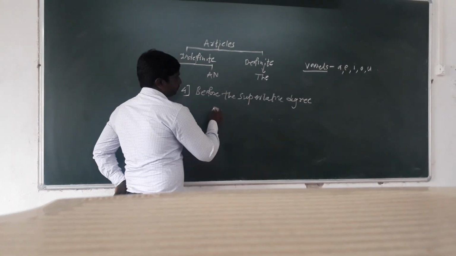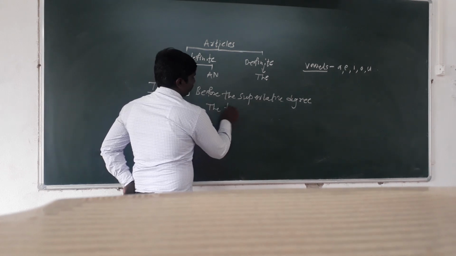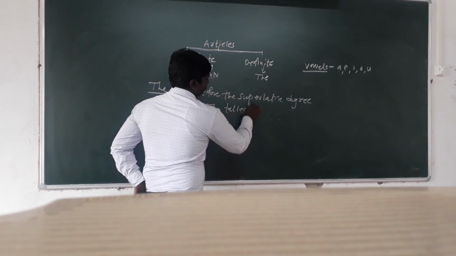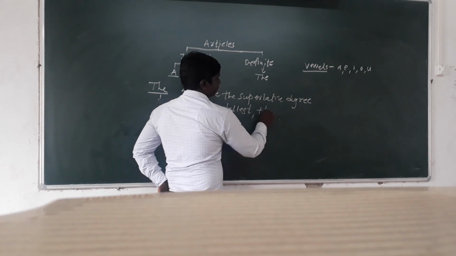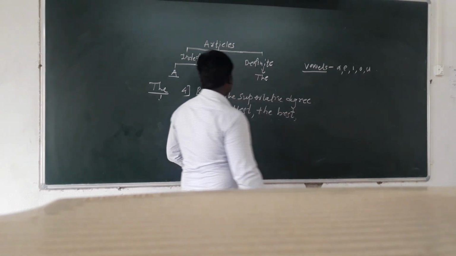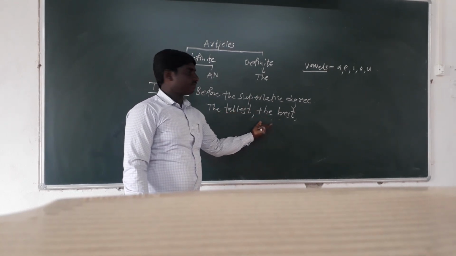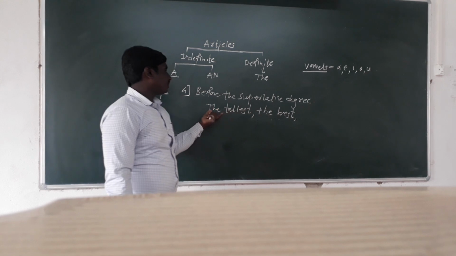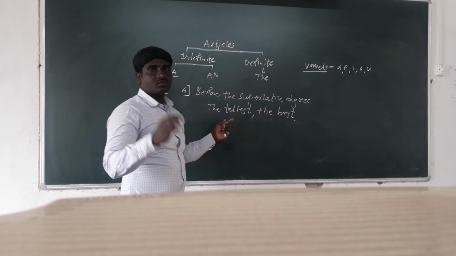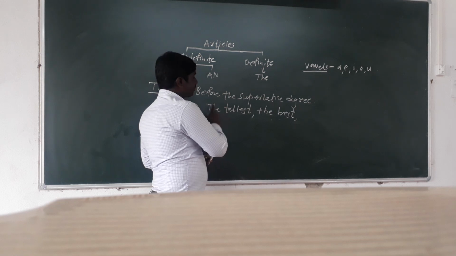For example, the tallest, the best. These are the superlative degrees. So before the superlative degree, we should use the article.